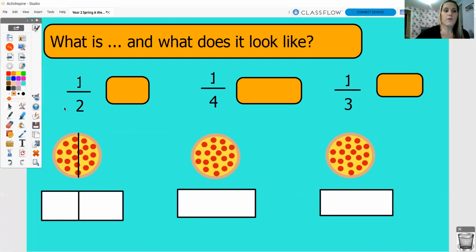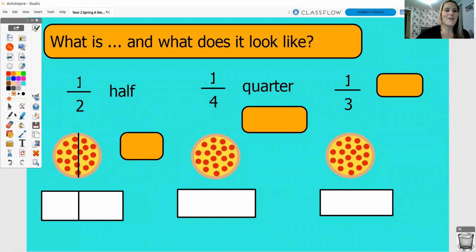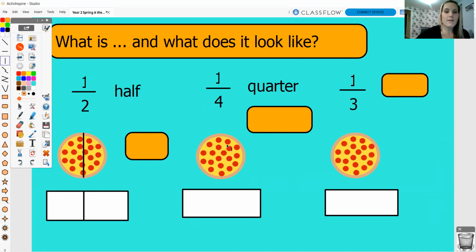Then when we move on to quarters, that is sharing into 4. We cut our pizza into 4 pieces, and that's the same for a bar. We divide it into 4 equal pieces.